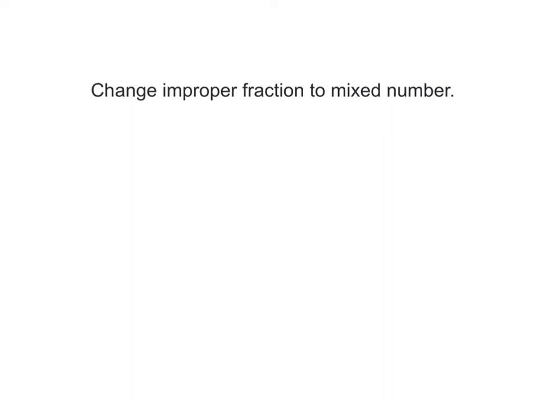Today's video is going to be a short look at changing improper fractions to a mixed number. So when we are looking at these fractions, for example 32 over 5, we need to remember that this fraction represents a value larger than 1.